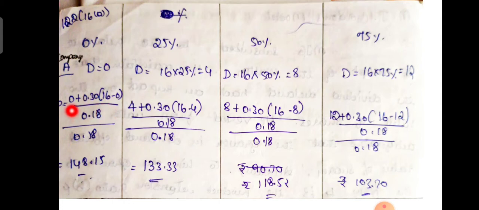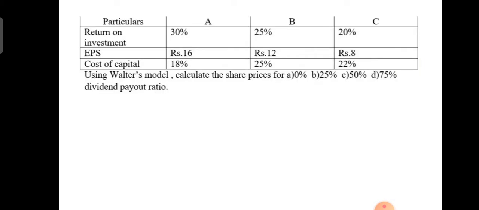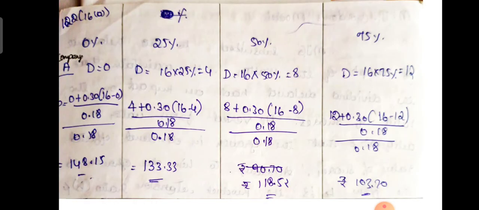So D is 0, plus R, you can see it is 30%, that means 0.30. K, that is cost of capital, 18% means 0.18. And D is 0.